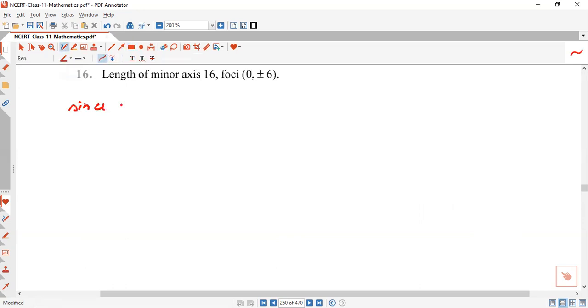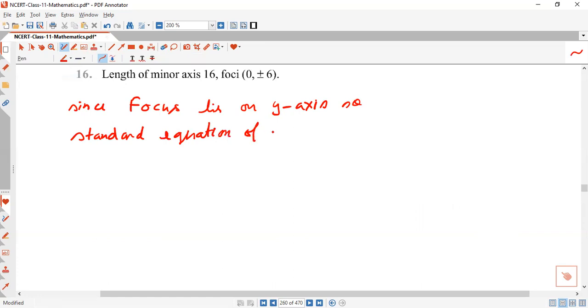Since the focus lies on the y-axis, the standard equation of ellipse is x square upon b square plus y square upon a square equal to 1.